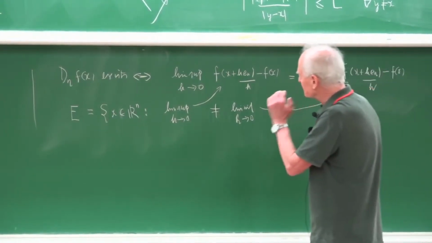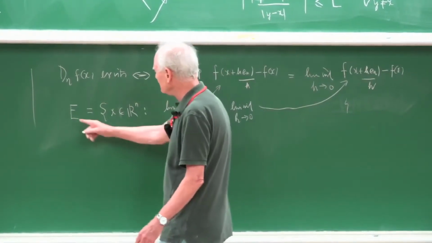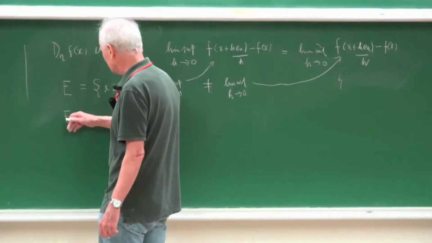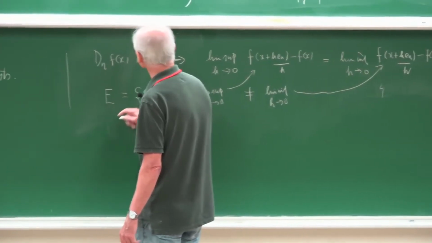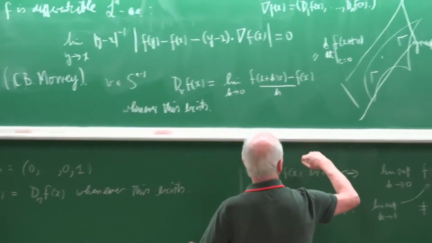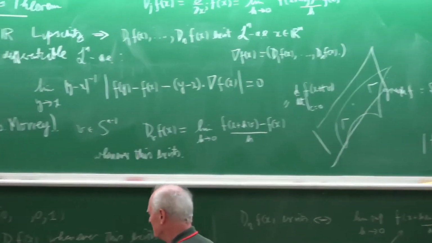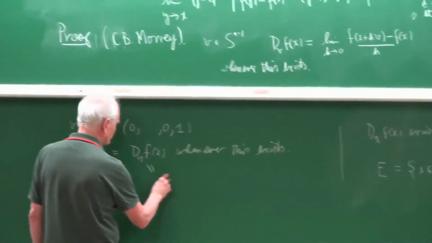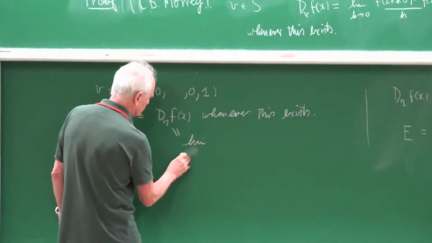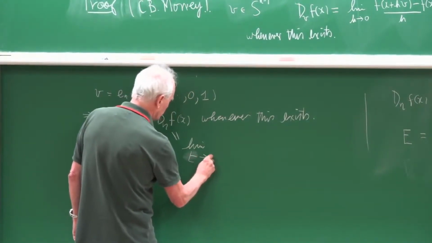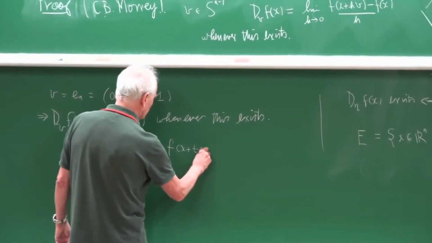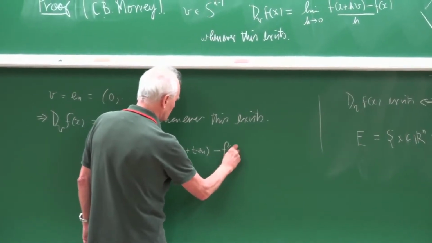Now, notice that, look at this quantity here. It's the limit as h tends to 0, and let's call it t, maybe better, t tends to 0 of (f(x + t e_n) minus f(x)) over t.